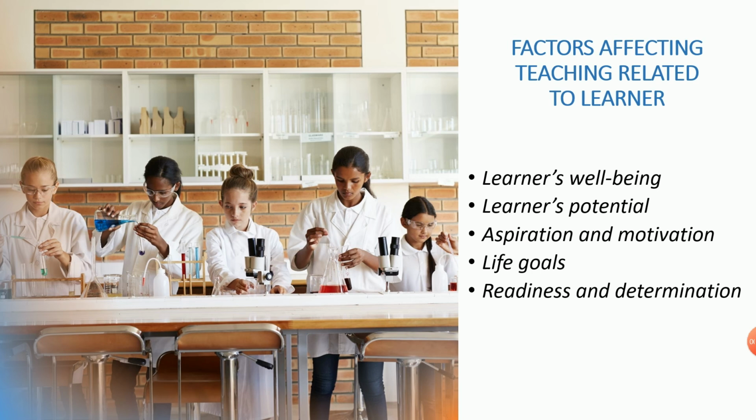Next, learner's potential. I think all these things are kind of repeating, so please understand that all these are interrelated, and many of the statements would be repeated from the previous classes. Learner's potential means one child might be a sports person, one child might be an artist, one child might be a reader, a very good learner.